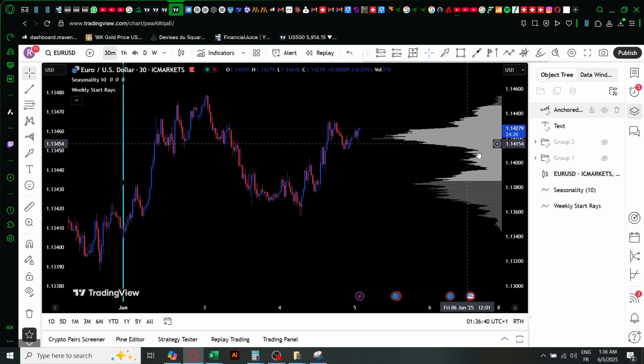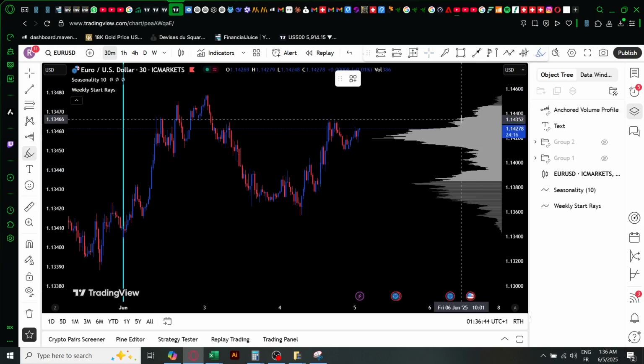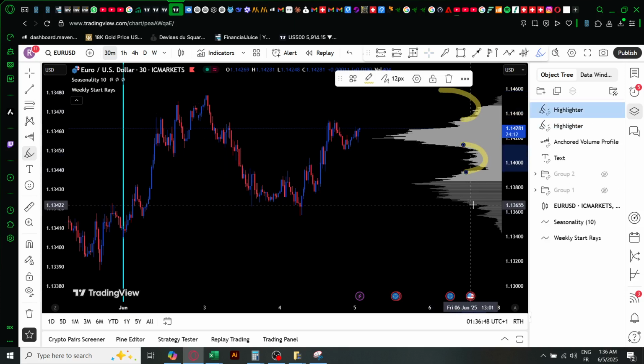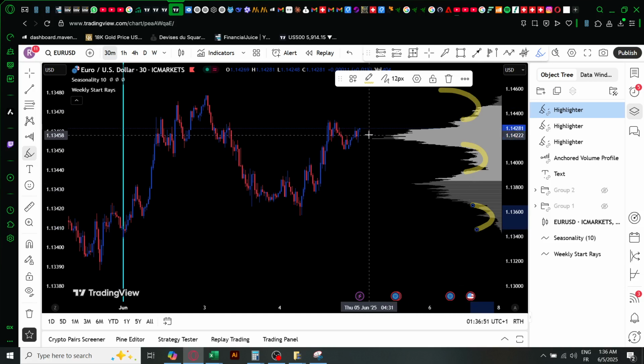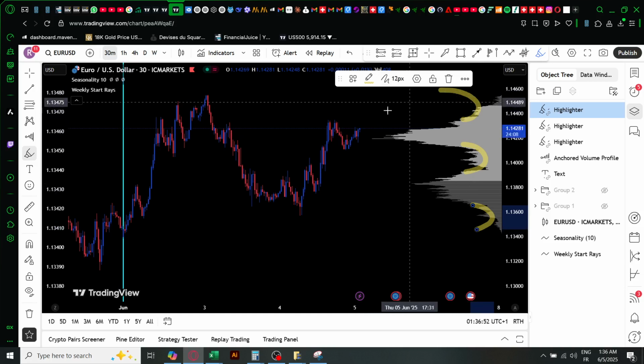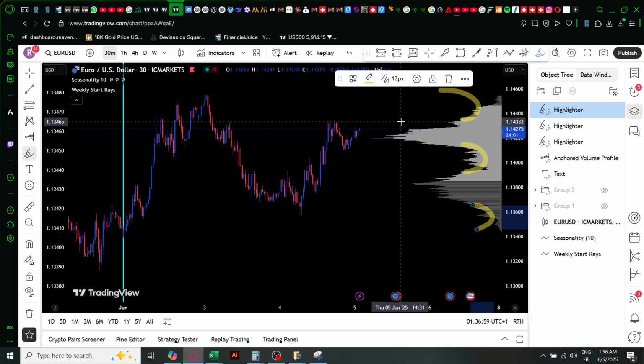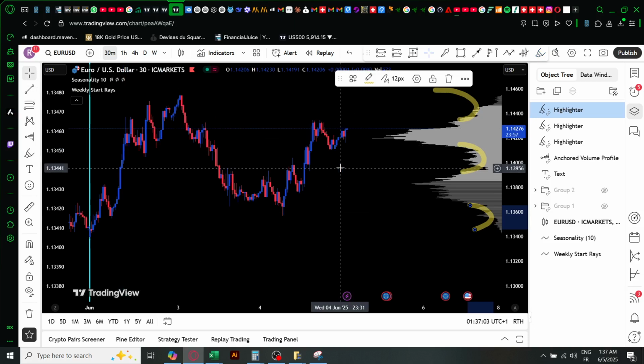We take those low volume nodes on the edges as strong levels that price can go through very strongly, or even reverse from very strongly. So we can use it for breakouts or as a strong key level. And of course we're going to combine it with price action.